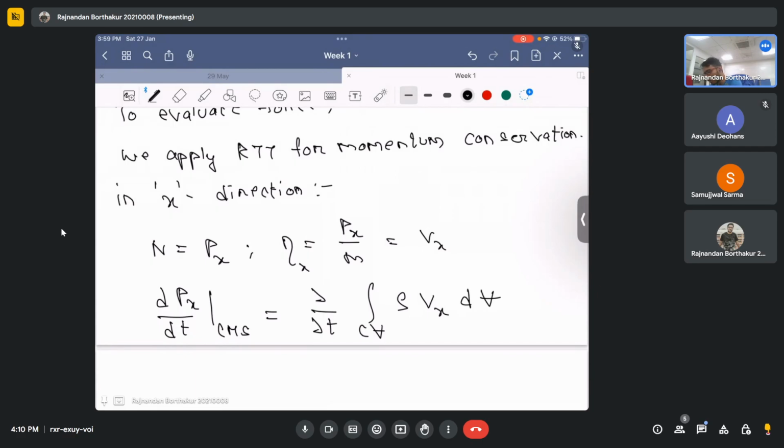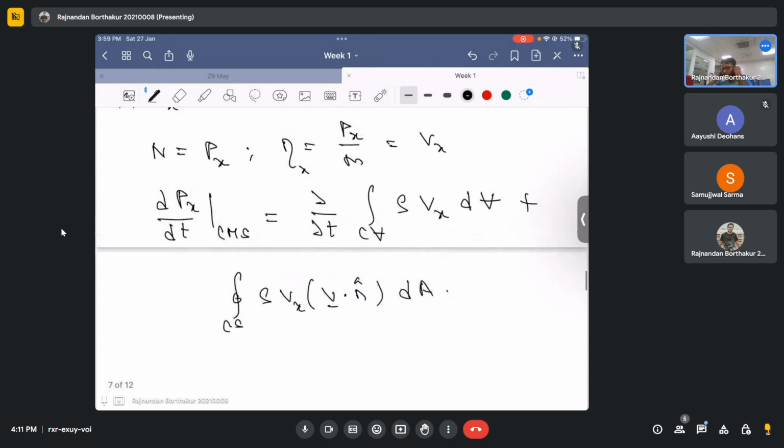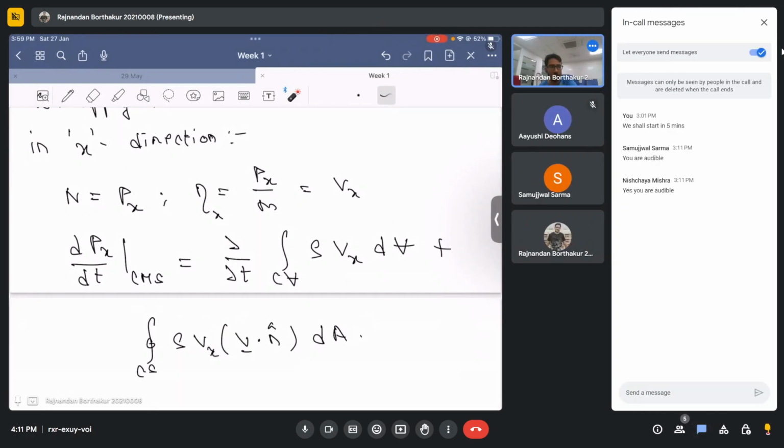This is for the volume term. And for the efflux term, this becomes the integral over the control surface of rho vx v dot n cap dA. I hope this is clear to everybody. How did we apply RTT for momentum conservation in the x direction? If it's not, kindly speak out or write in chat, and I'll obviously address any doubts that arise.